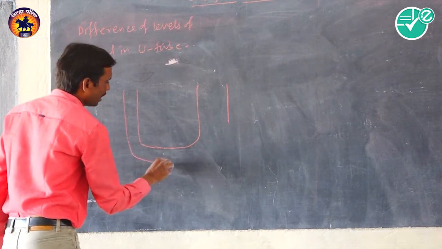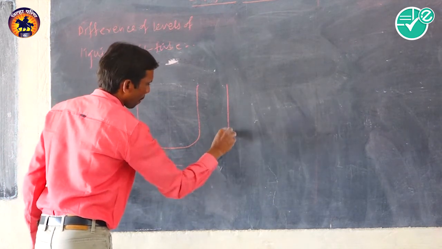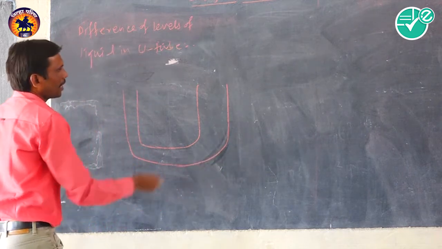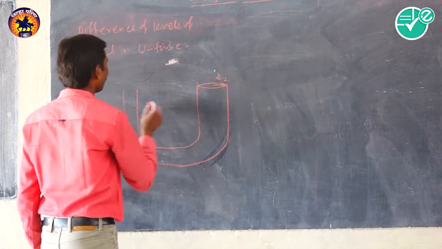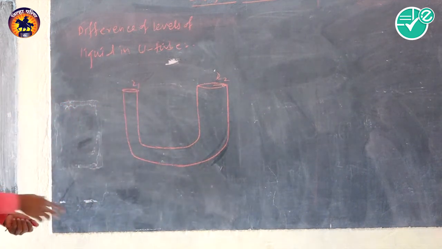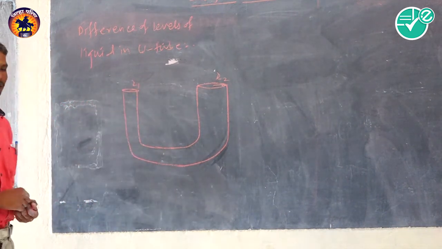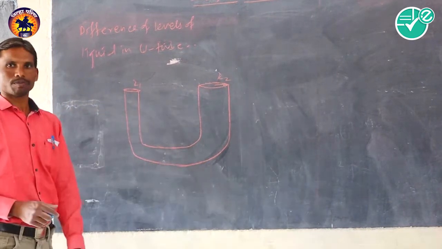One is the narrower limb and the other is the wider limb, having different radii. Consider the radii R2 and R1. And now consider the liquid. Consider water that is poured into such a U tube.